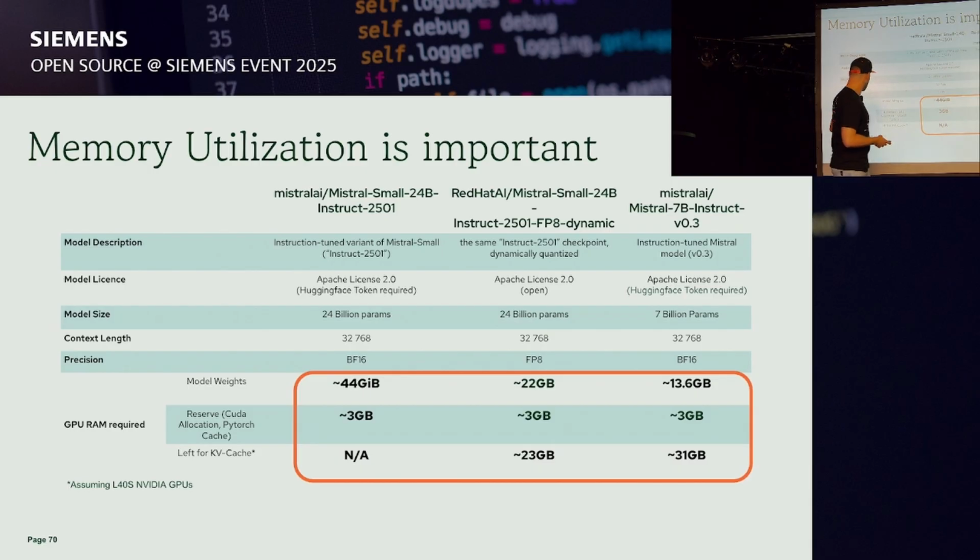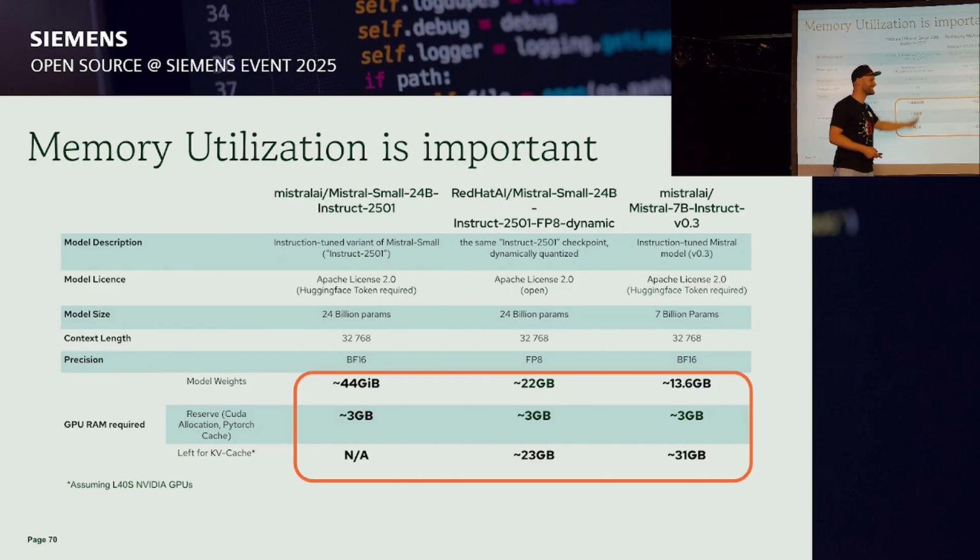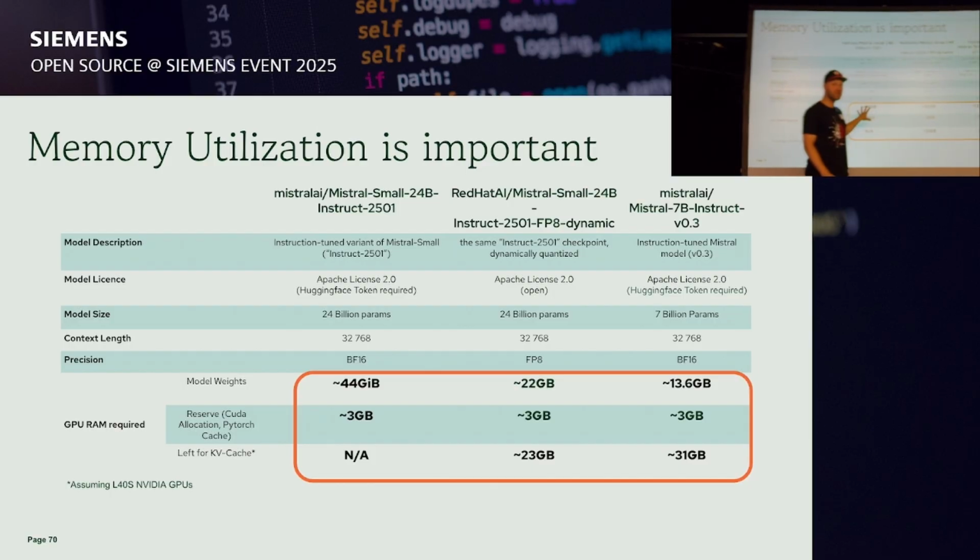And I said we had L40S GPUs available. They have 48 gig of RAM. The unquantized model didn't fit, so we couldn't test it, because just the weights consumed 44. Then we always have some overhead from CUDA and from PyTorch if we're leveraging NVIDIA here. So we immediately ran into out of memory.